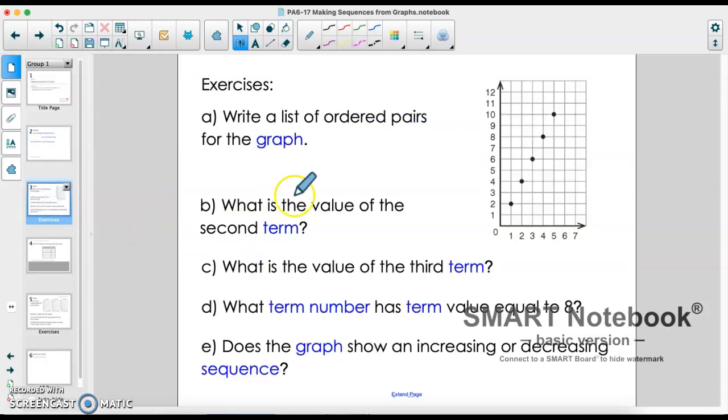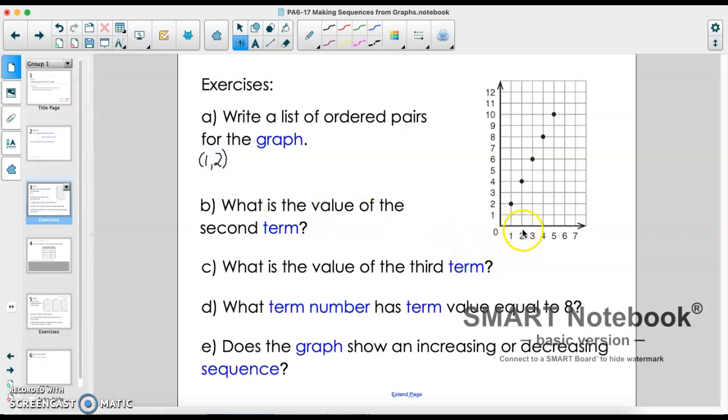Now let's get into a bit of practice plotting and identifying ordered pairs on a grid. So here's our coordinate grid. There's a bunch of points plotted here. We're asked to first write a list of ordered pairs from the graph. If I look over here, this is my first point: 1, 2.